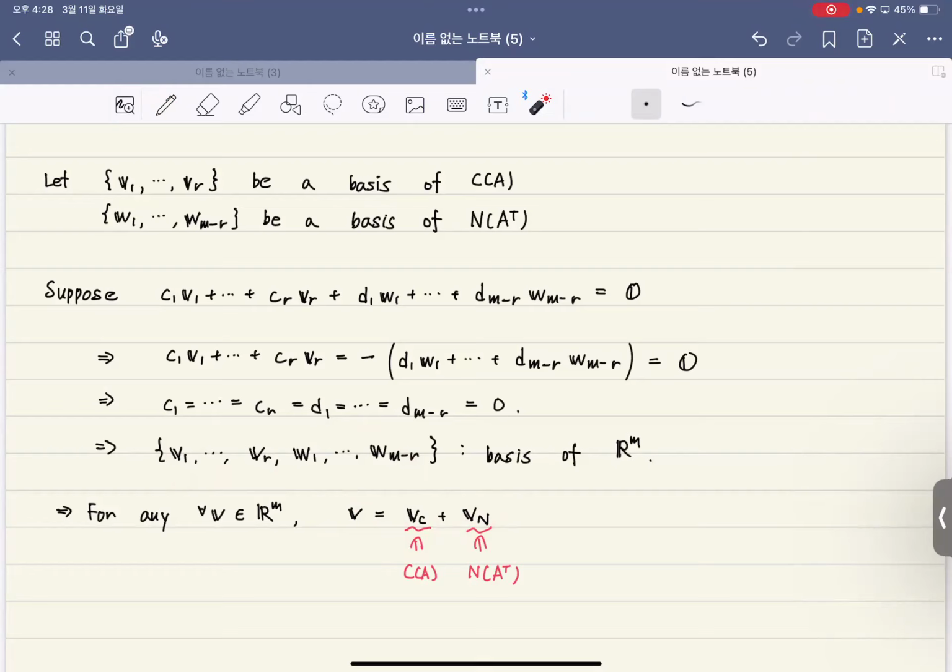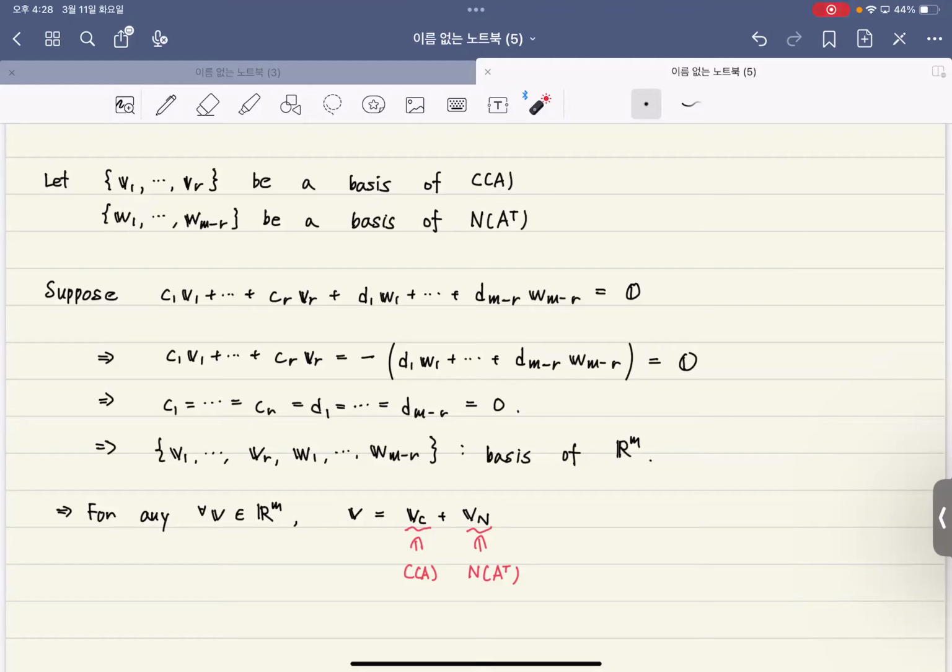So this is what I mean by the column space and the left null space being complementary to each other. They are subspaces in Rm, but their dimensions are complementary. The first one has R dimensions, the other one has m minus R dimensions.